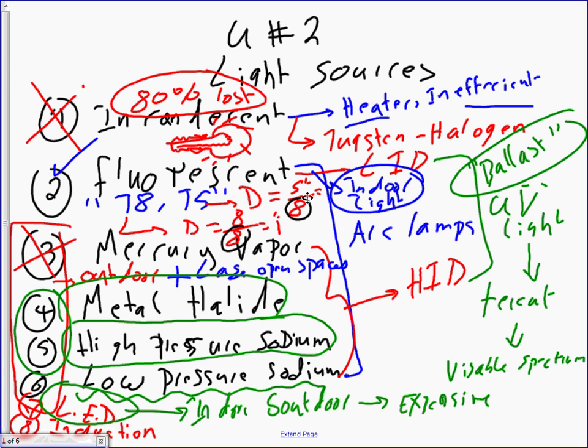Metal halide, high pressure sodium, your choice of fixture when you're doing outdoor and parking lot. Thumbs up, Chad. Then low pressure sodium, they use them sometimes on highways, because on the highways, if you're driving at 85 miles an hour, do you really care what color the vehicle next to you is?